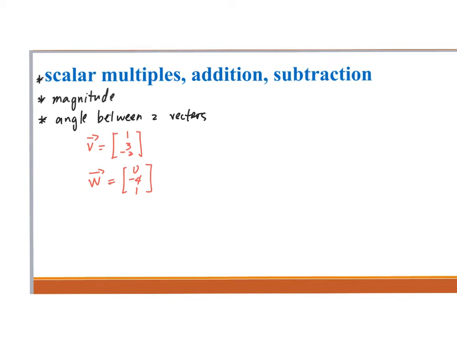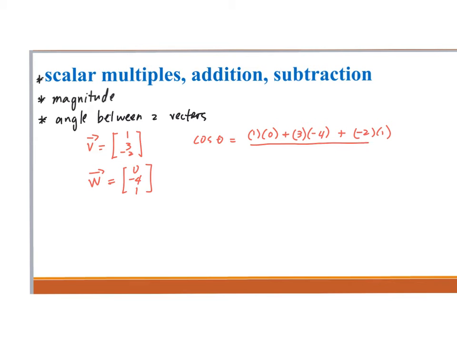If we want to find the angle between them, it's the same formula. Let's say that the angle between the two vectors is theta. Then cosine theta will be equal to the dot product of v and w, so that's 1 times 0 plus 3 times negative 4 plus negative 2 times 1.